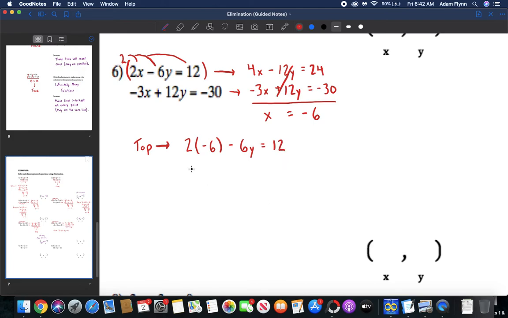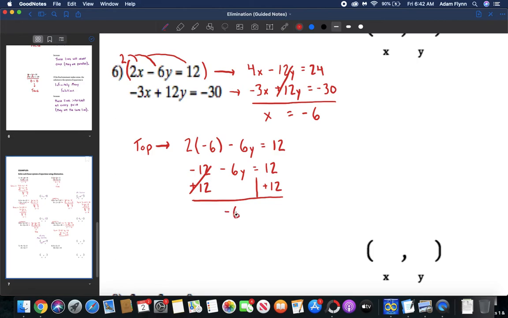2 times negative 6 is going to be negative 12. I'll bring down everything else, the negative 6y and the positive 12. I can add 12 to both sides. Negative 12 plus 12 eliminates.